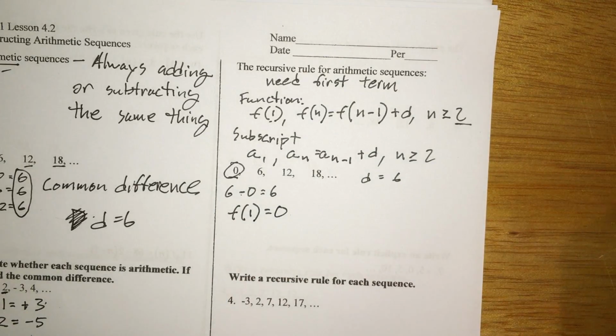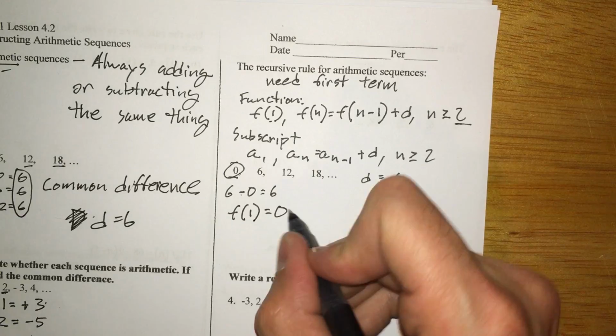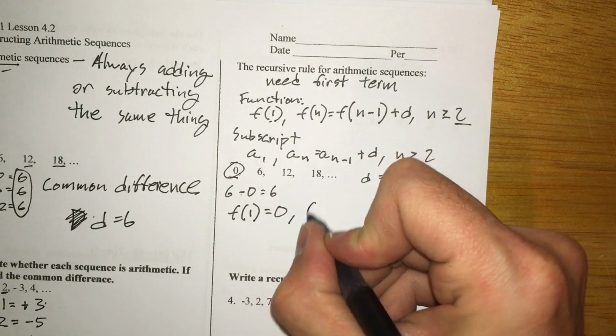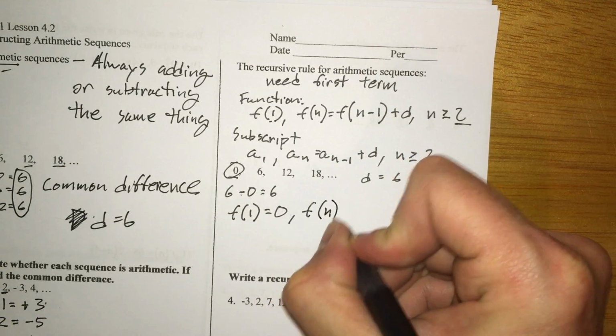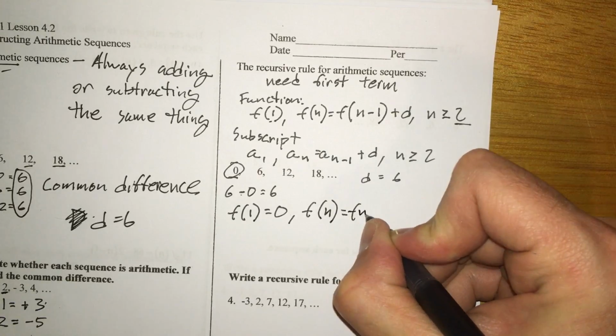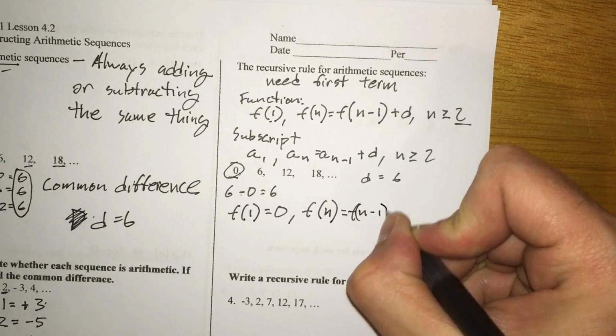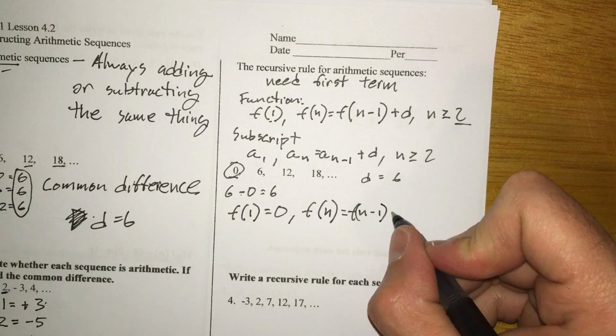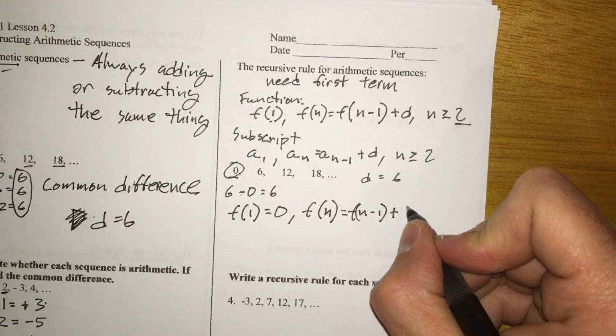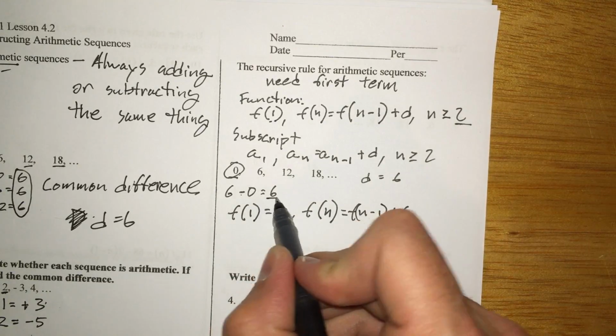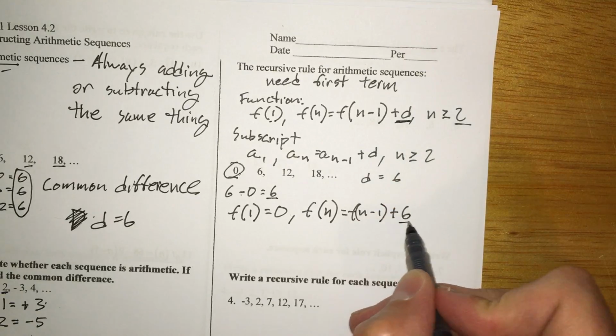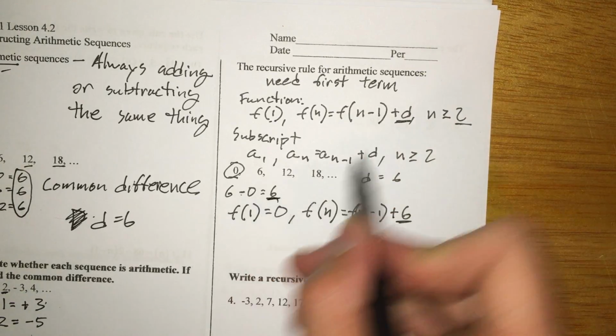Okay, and that's 0. All right, so our second part of the formula, we've got f of n equals f of n minus 1, don't forget our parentheses in there, plus 6, and that's our common difference. Okay, so d is our common difference. That's where we're taking that 6.